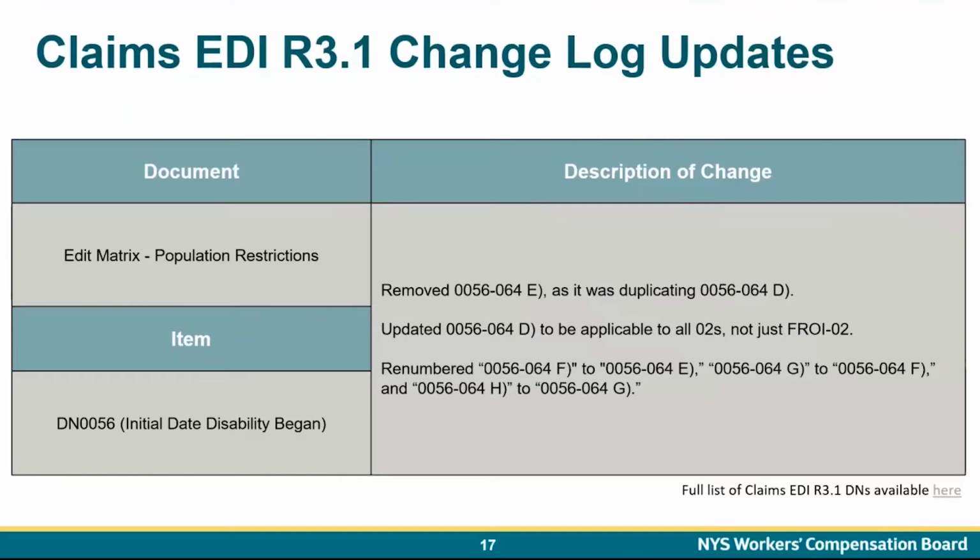So what we did was we removed E and re-lettered everything. So we've updated D as well to be applicable to all O2s and not just the FROI O2. And then we renumbered, re-lettered F to E, G to F, and H to G.